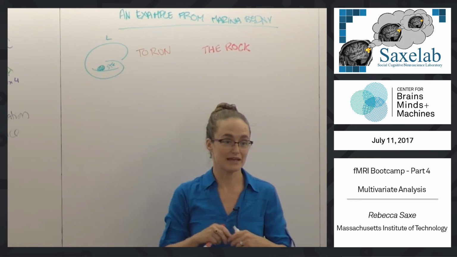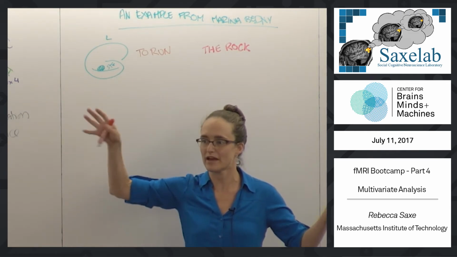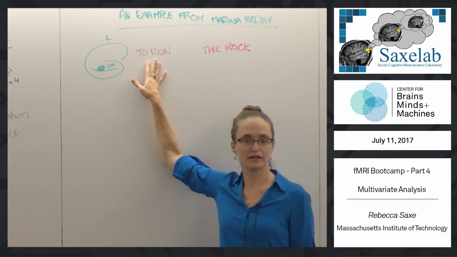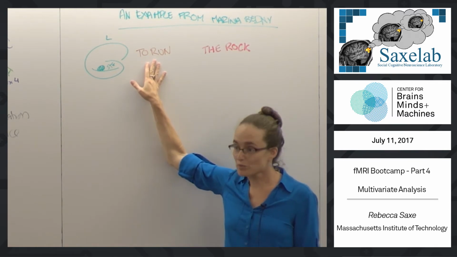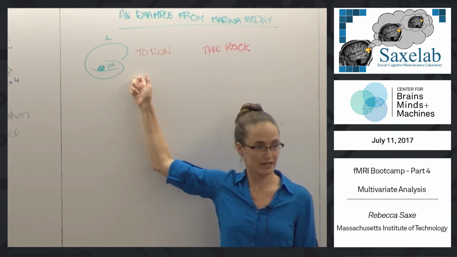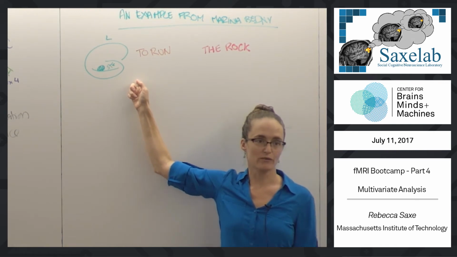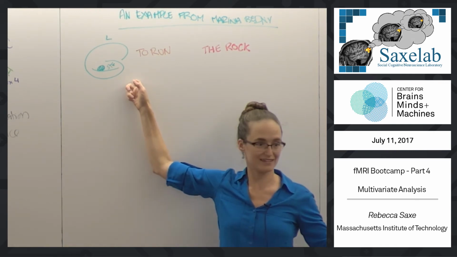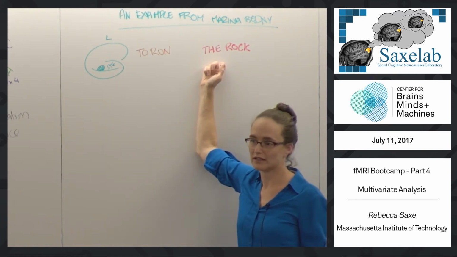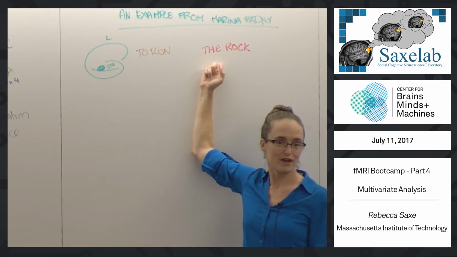That had been done many times and in many different ways, but imagine a simple univariate analysis. You have a whole bunch of verbs like to run, to kick, to jump, to roll, to sprint, to bounce, right? A whole bunch of verbs that have lots of motion in them, and you either read them or hear them or generate them, and we look at where there's a big beta in your brain, and then we compare that to the rock, the tree, the stone, the stick, the leaf, right?